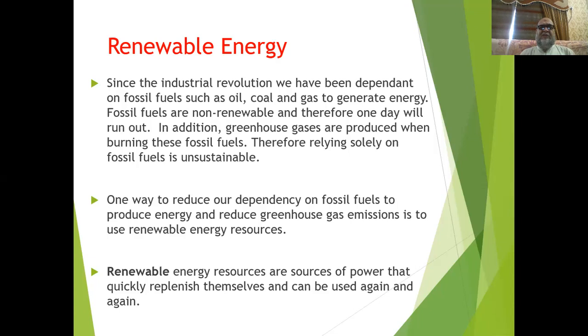One way to reduce our dependency on fossil fuels to produce energy and reduce greenhouse gas emissions is to use renewable energy resources. Renewable energy sources are sources of power that quickly replenish themselves and can be used again and again.